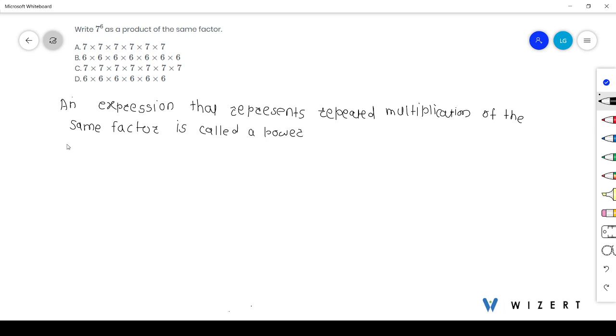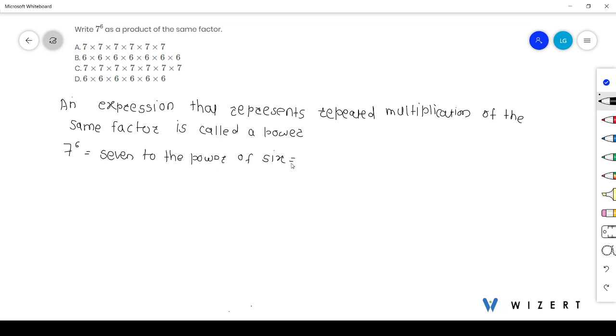So here this 7 to the power 6, we can read this as 7 to the power of 6. Now here the exponent corresponds to the number of times the base is used as a factor.